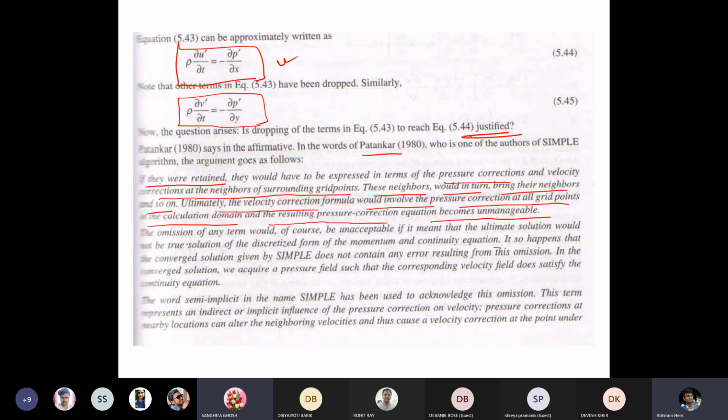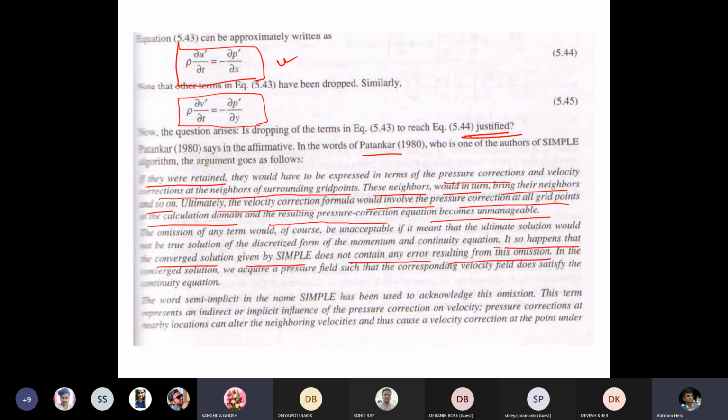The omission of any term would of course be unacceptable if it means that the ultimate solution would not be a true solution of the discretized form of the momentum and continuity equation. It so happens that the converged solution given by SIMPLE, and this approximation is basically the SIMPLE algorithm, does not contain any error resulting from this omission.